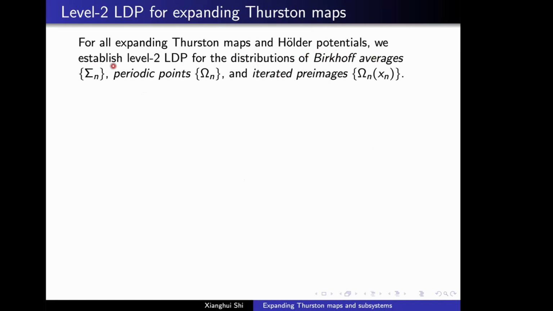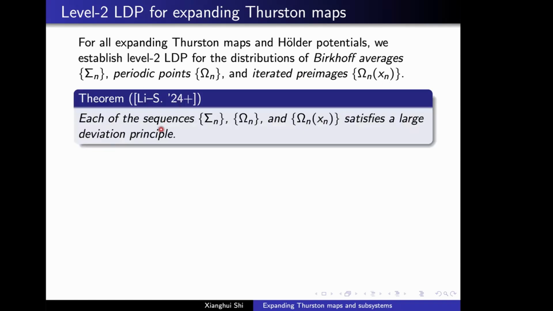We establish level 2 LDP for three distributions: the Birkhoff averages identified by sigma n, the periodic points identified by omega n, and the iterated preimages identified by omega n with initial point x n. Here x n is the initial point because you need to take preimages. We show that each of those three sequences satisfies a large deviation principle.